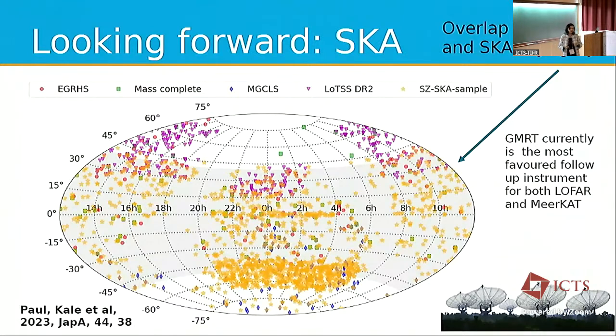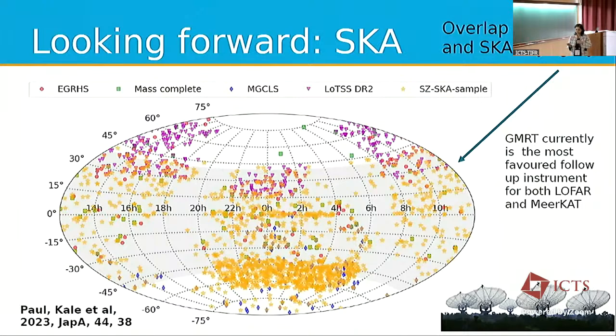Towards the end, I want to point out that the GMRT sky has a large overlap with the SKA sky, and it also has a very large overlap with the LOFAR sky.